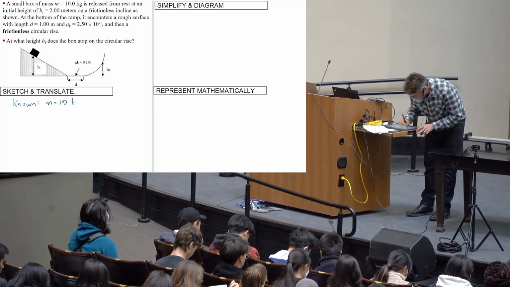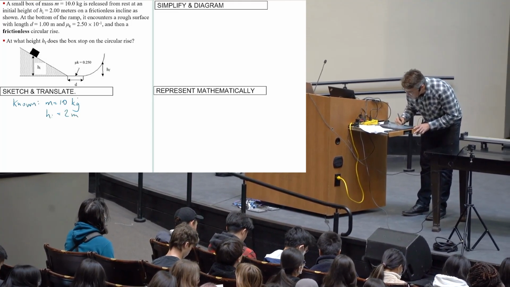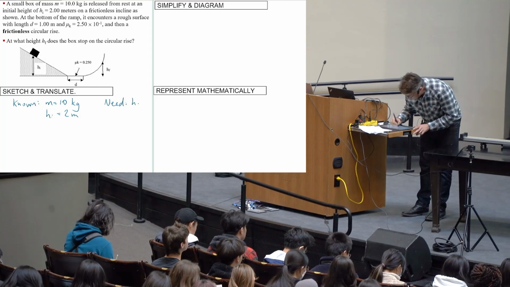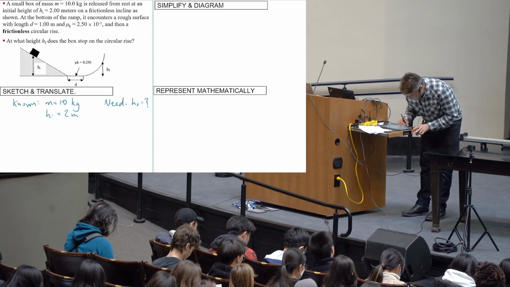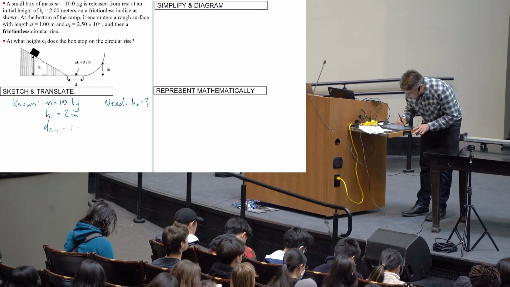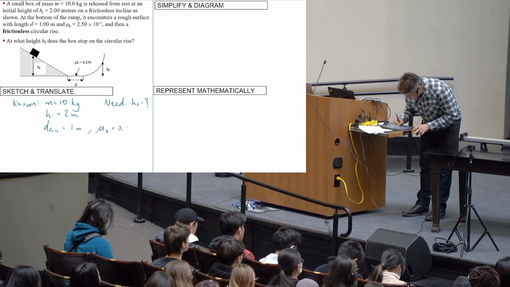M is 10 kilograms, H initial is 2 meters. We need to find H final. And the distance on the friction is 1 meter. That's going to be important. And mu sub k is 0.25.